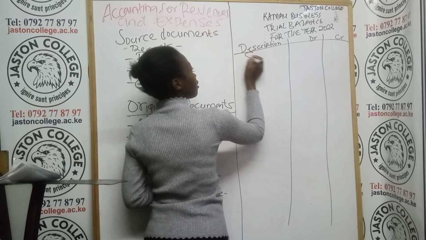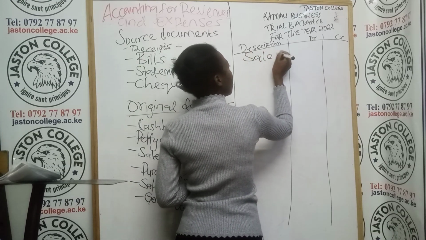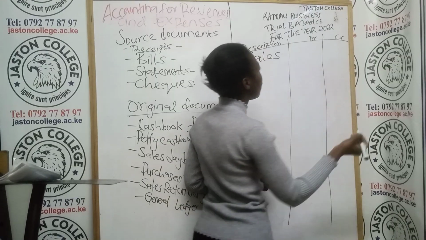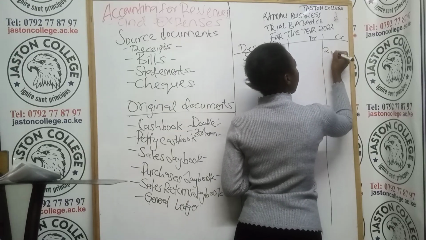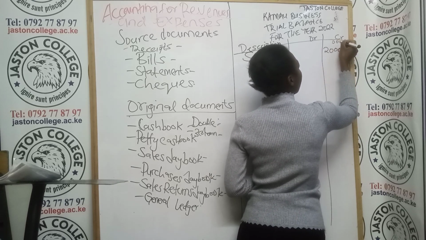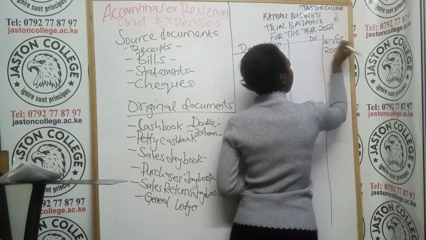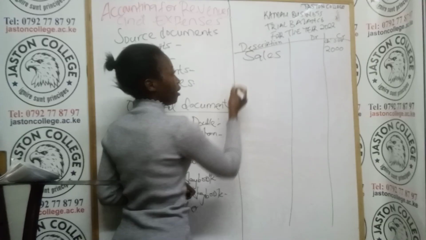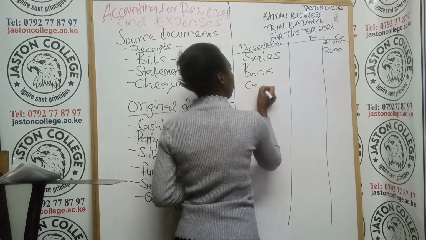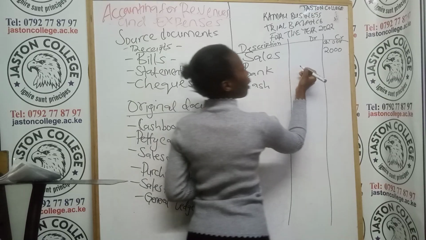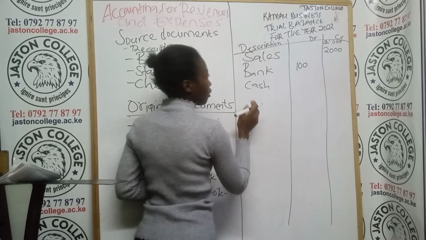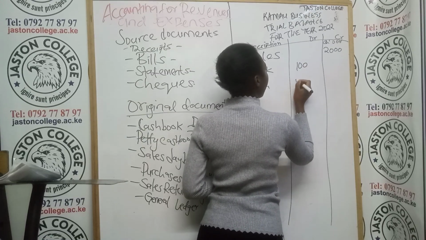We've made sales, let's say like 2,000 or 2 million. Put the zeros that way. Then we have the bank. Cash, bank, we say we have like 100. Then cash, we will have like 300.